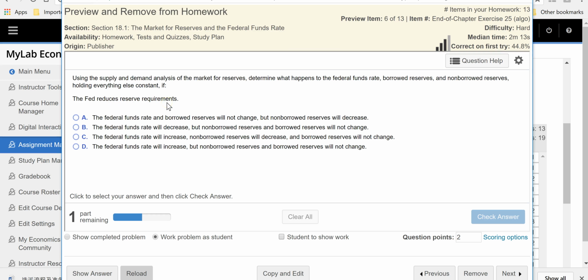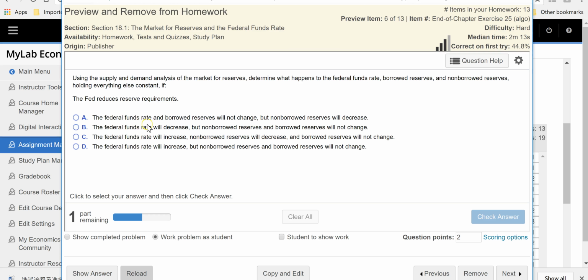So if the Fed does that, banks no longer need so much reserves. Hence, the demand for reserves will decrease. So based on the demand and supply analysis for the reserves, its equilibrium for the demand and the supply determines the federal funds rate.